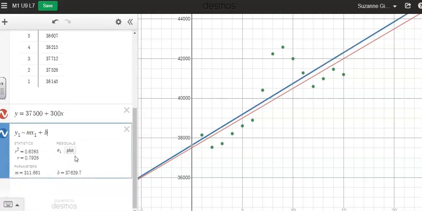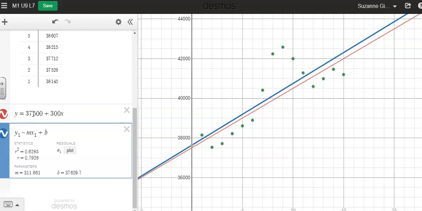What that does is it calculates a linear regression line, and it tells me some information here. My parameters m and b, so here's my slope, and here's my y-intercept. I had estimated 300 for the slope, but the linear regression line gives me 311.661.